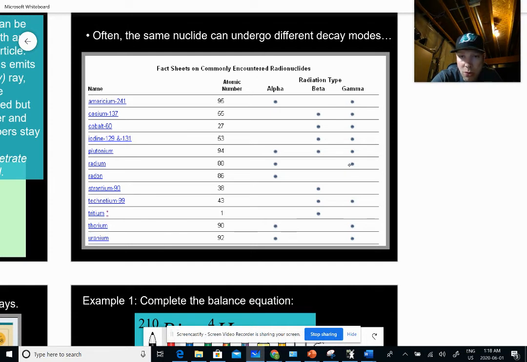In fact, there's no examples on here where we just have gamma. It's always occurring alongside another one. So if you had a question that's asking for the equation and it says there's gamma and beta decay, you'd write your beta decay equation where you balance everything, and then you just tag on the gamma decay right at the end. You just tag this on at the end because it's 0 and 0, so it's not going to affect anything in terms of balancing.